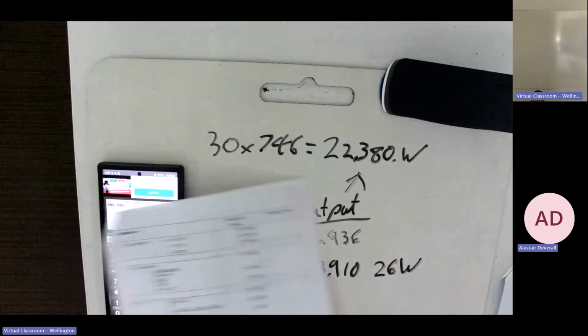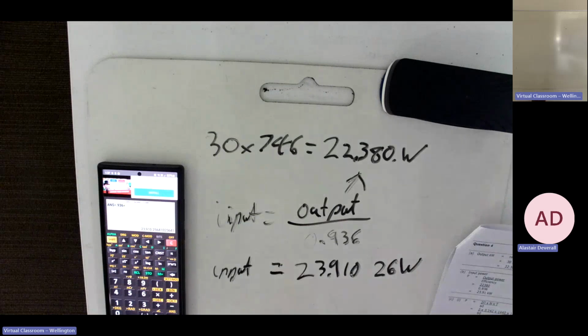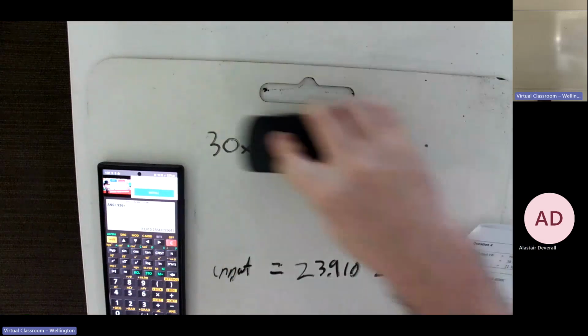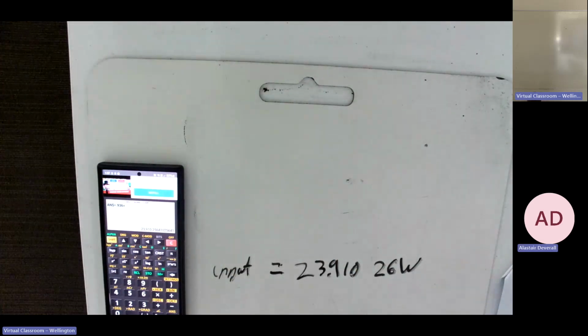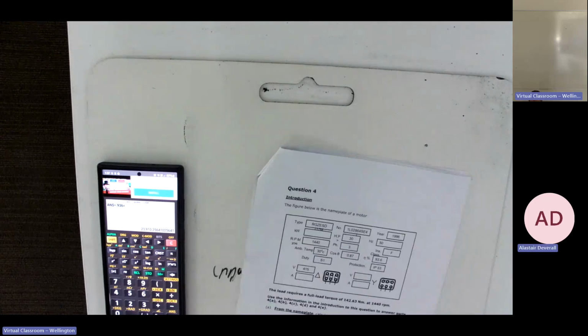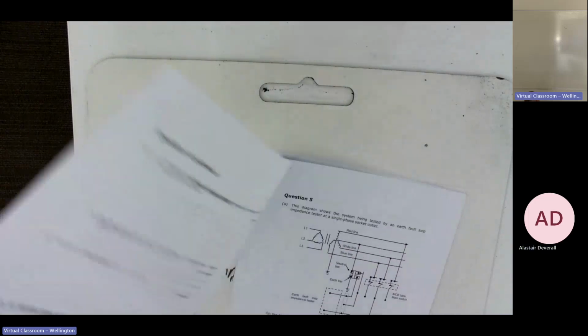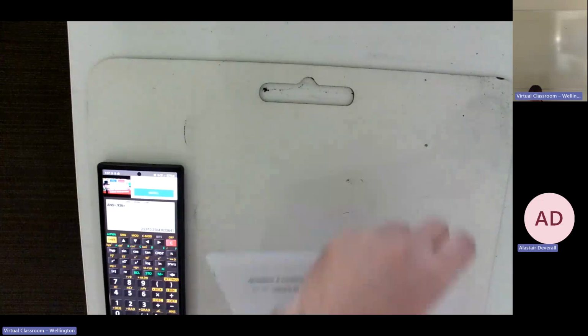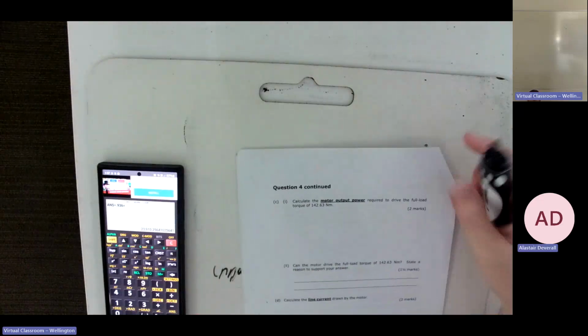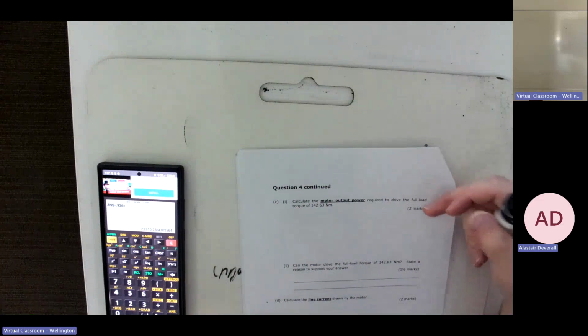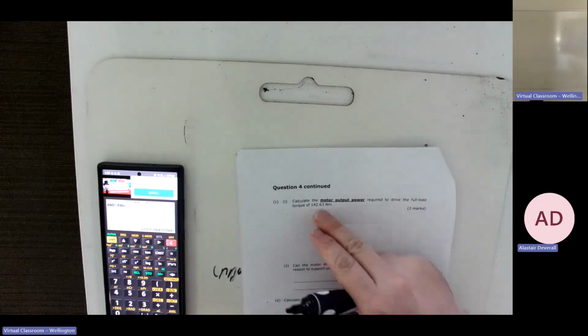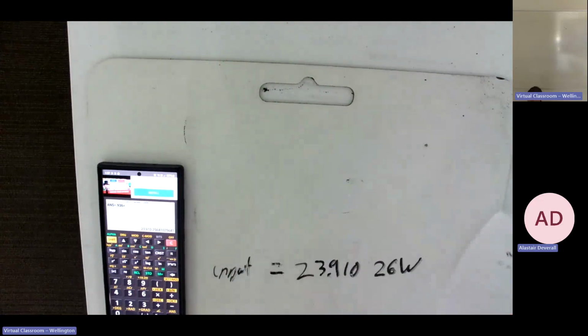Now, moving on to question C. Looking at question C, we have: calculate the motor output power required to drive a full load torque of 142.63 Newton meters.